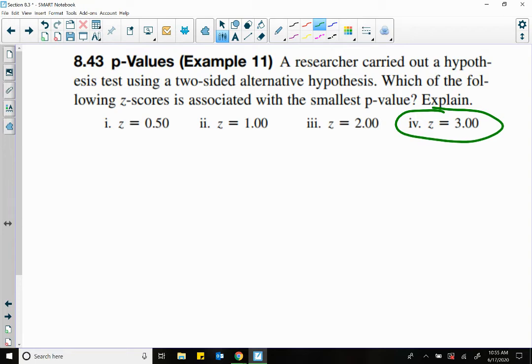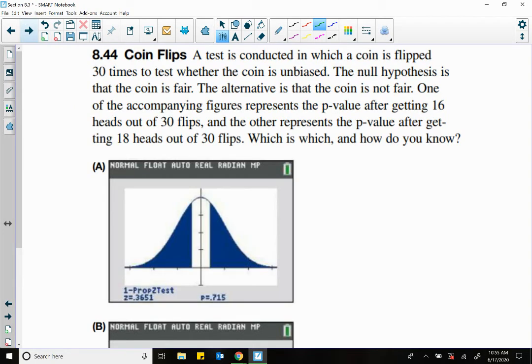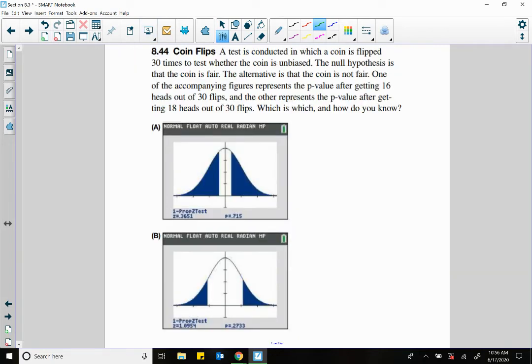All right? Another example. And this is actually the last one. There are more questions over what we just talked about in general than there are where you're actually doing examples. On this one, I'm going to actually give you the entire page. It says a test is conducted in which a coin is flipped 30 times to test whether the coin is unbiased.